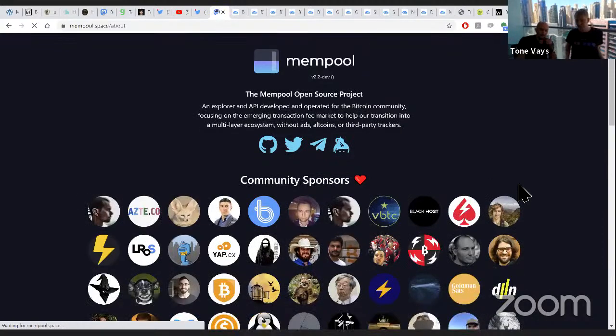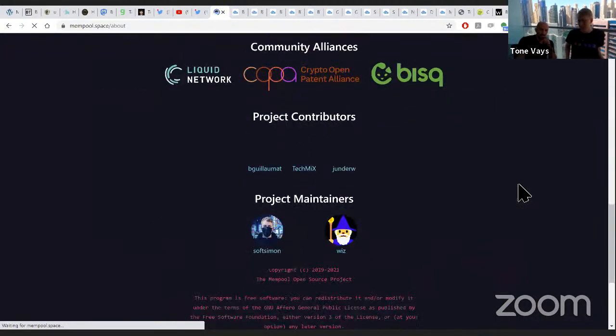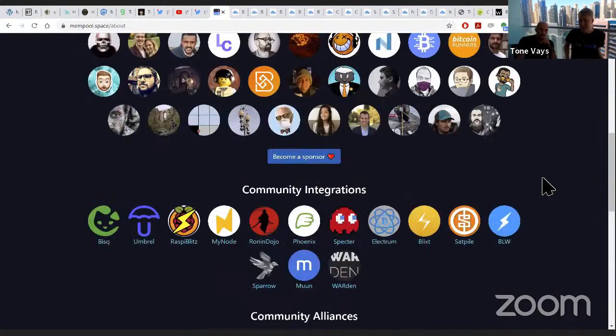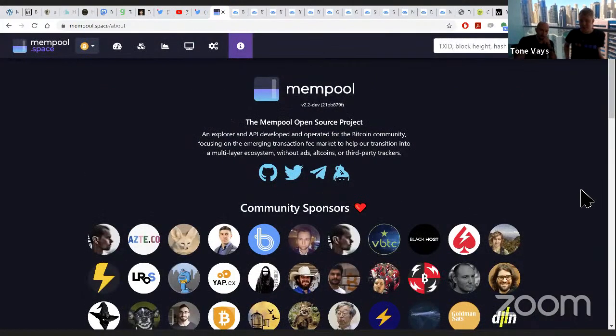But I want to say that if you're looking for fee estimation, if you're tracking your transaction, you should go to mempool.space to do it, because we don't have any third-party trackers. We don't have any banner ads compared to the other alternatives. And you don't have to trust us, because you can run this solution on your Raspberry Pi node or your Linux node.